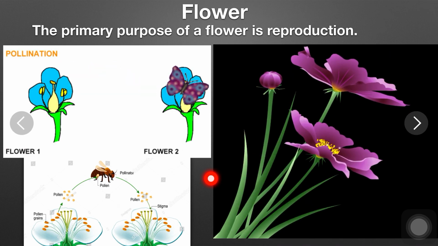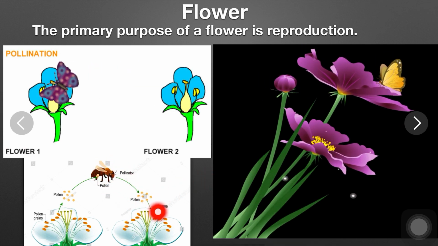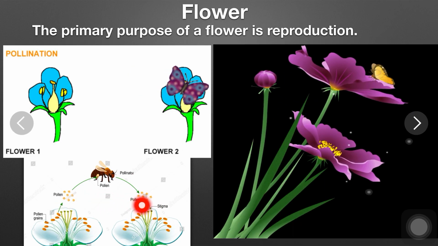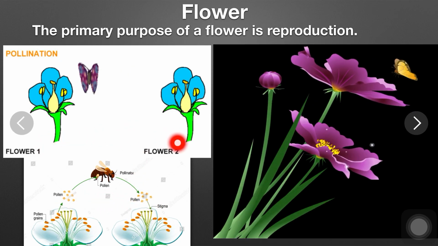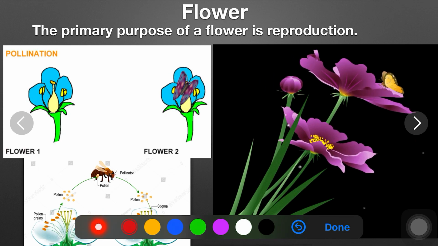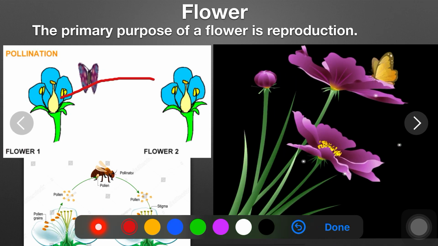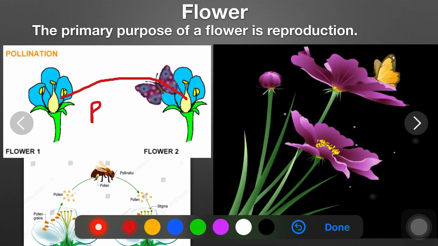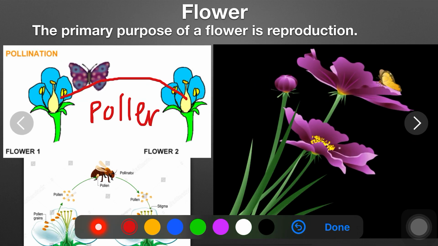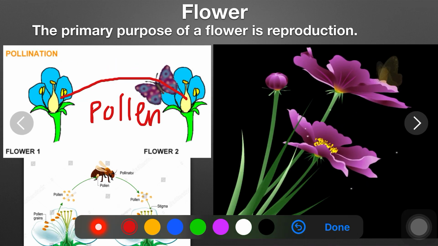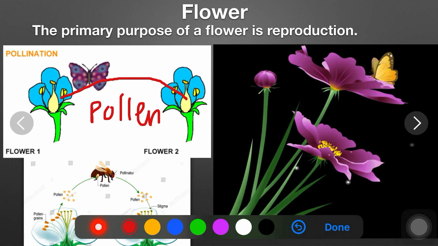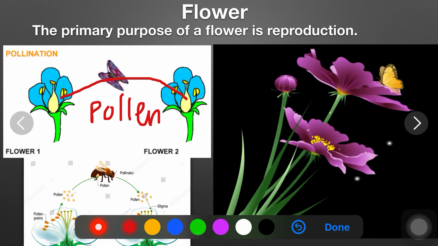As you can see, pollination is taking place in picture 1, flower 1 and flower 2. The butterfly is acting as an agent or vector which transfers pollen from one flower to another flower. It helps to reproduce.